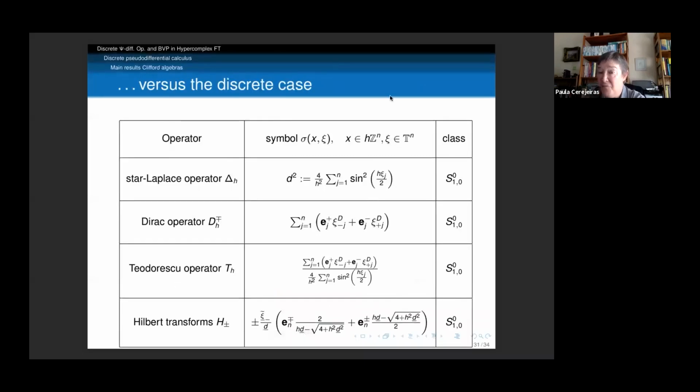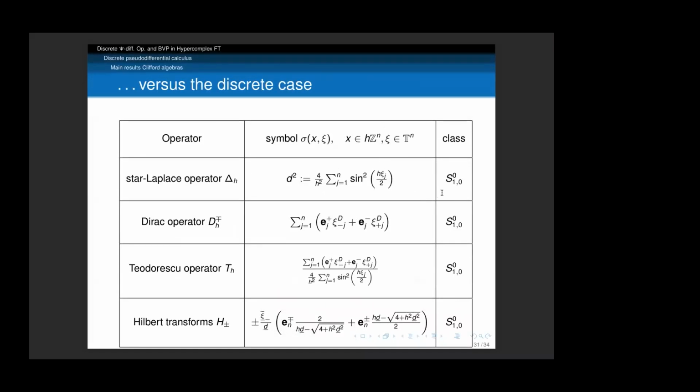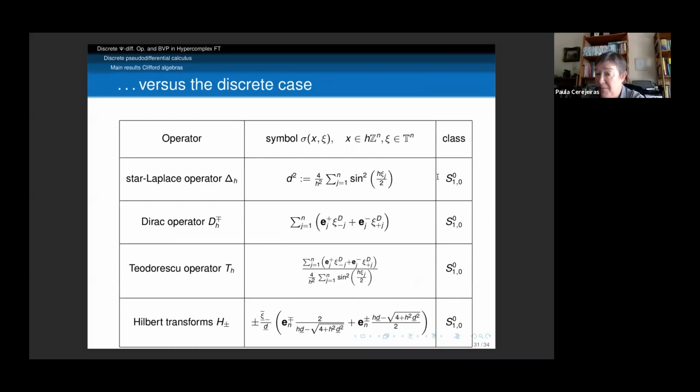If you pass to the discrete case, then you observe that all of them are going to be exactly in the same class, which confirms the fact that we know that discretization introduces some kind of regularization process.